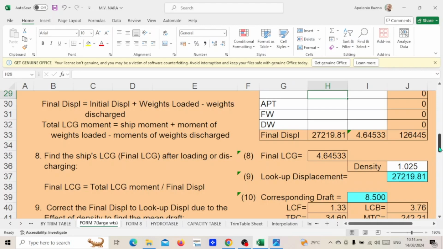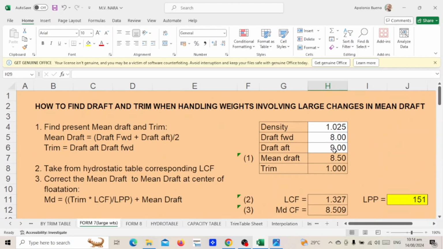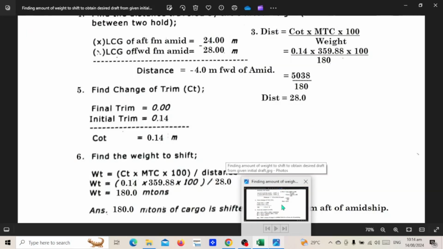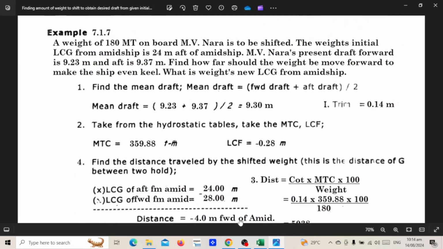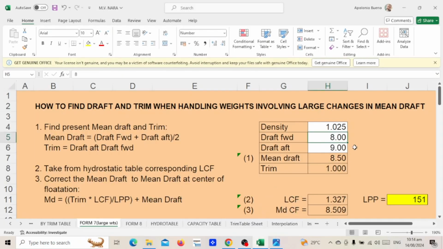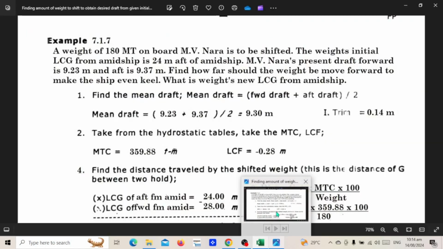Okay, now our initial draft, what is our initial draft? Initial draft forward is 9.23, so you put here 9.23, and our aft draft is 9.37.